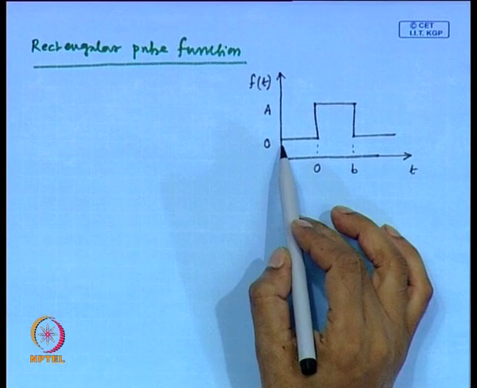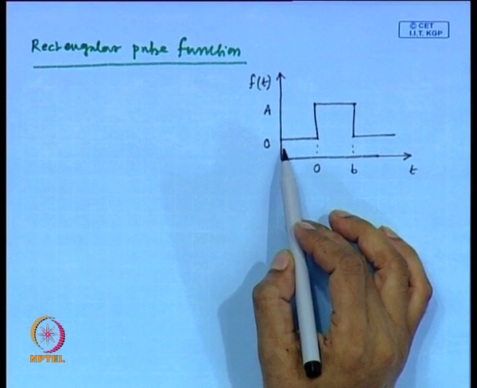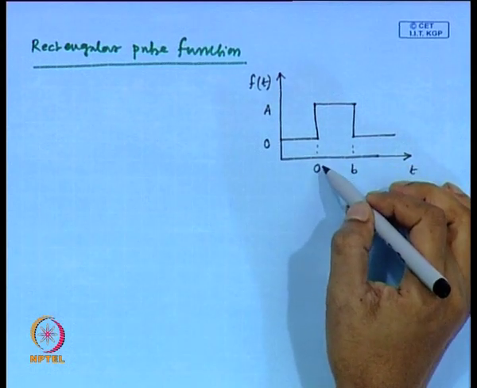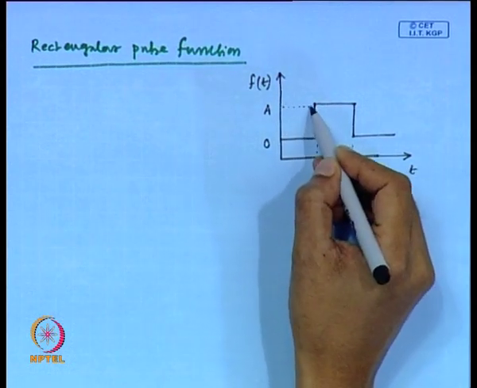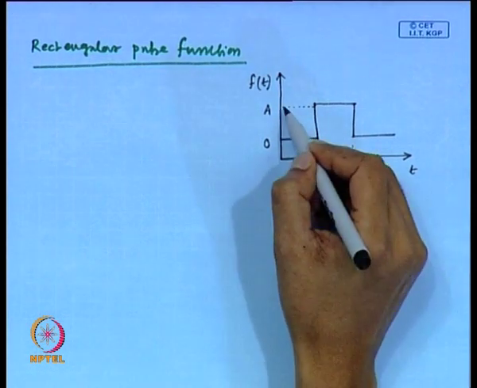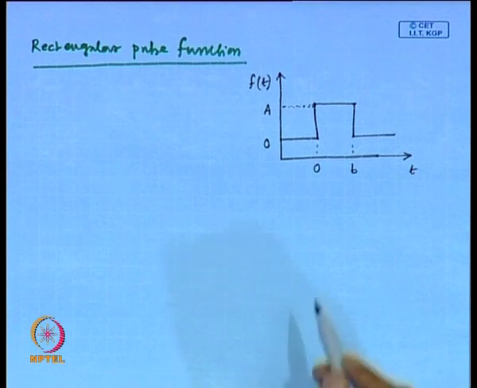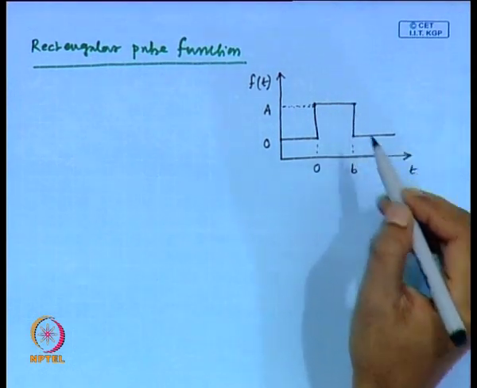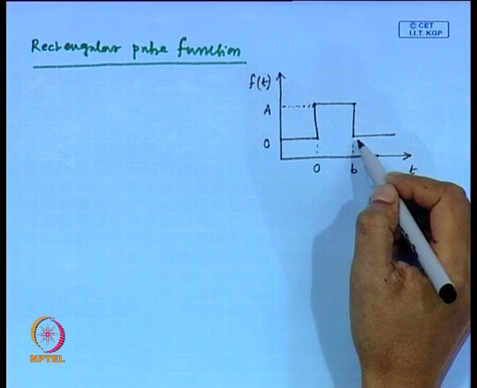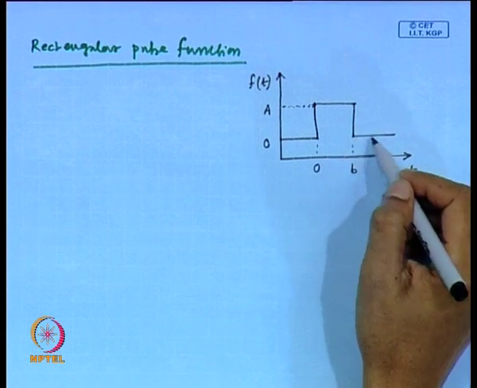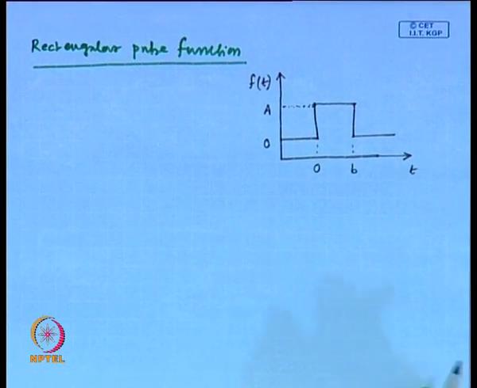Initially f t is 0, that means the process is at steady state. Then at time t equals to 0, the input function changes by magnitude a, then it remains there for a time duration of b, and finally it returns to the old value.